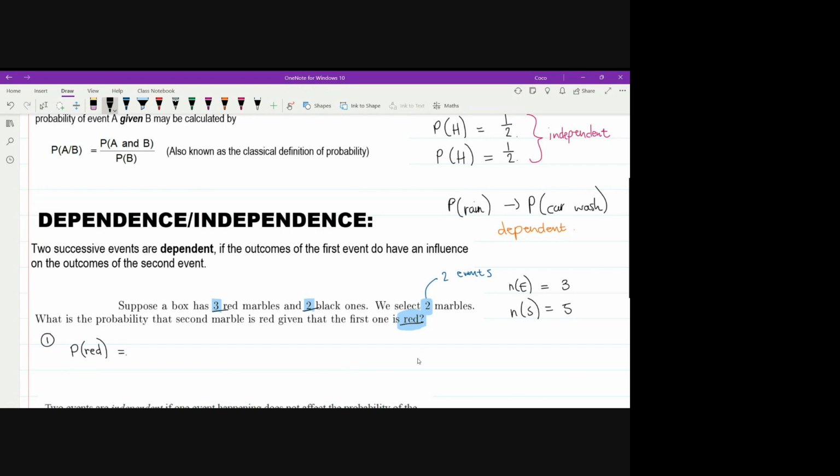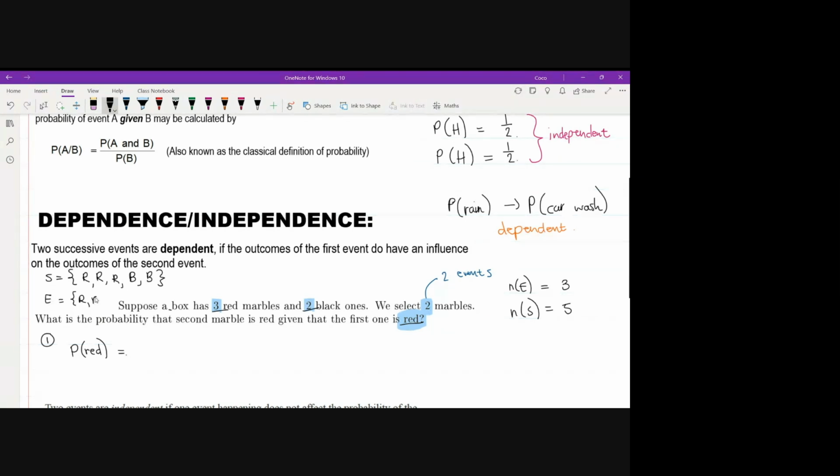An easier way for me to put this is, we've got a box, and the box is our sample. Inside the sample box, I've got a red marble, a red marble, a red marble, and I've also got a black marble and a black marble. That is my sample. Now, my event underneath that, my subset, is going to be the red marbles.